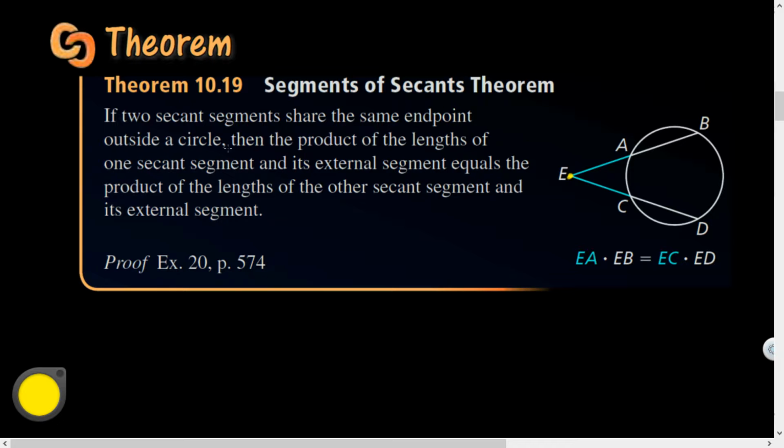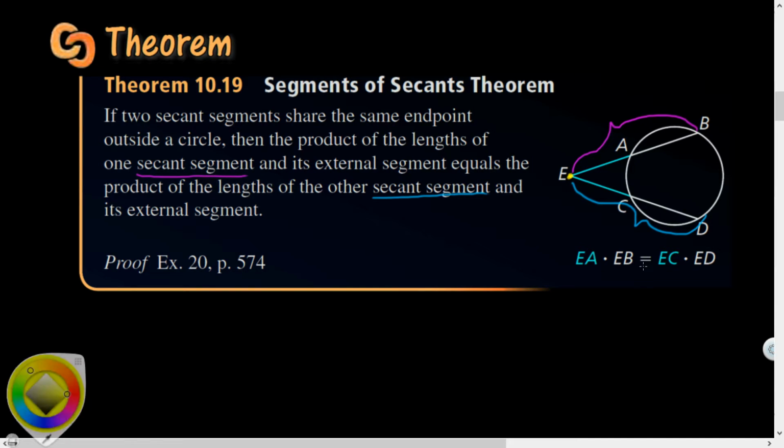Now, when it says secant segment here, that's referring to the entire piece, and the other secant segment is also referring to the entire piece. So it's the external part multiplied by the entire, and the external part multiplied by the entire, and those two products are going to be equal to each other.